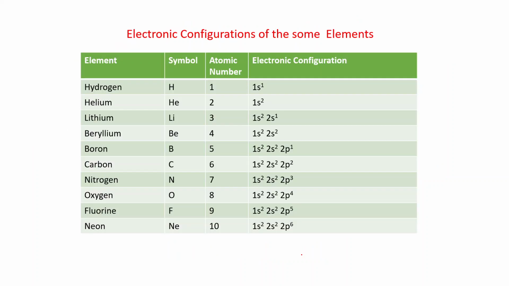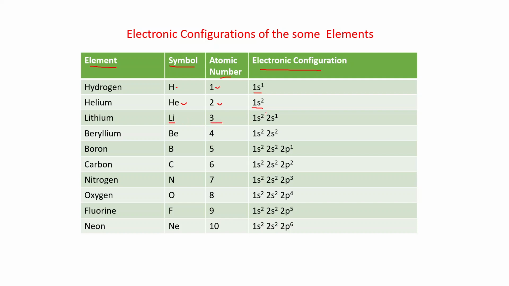Now we will discuss the electronic configuration of some of the elements. This is a table. In this, first comes the element, then its symbol, then atomic number, and then electronic configuration. Hydrogen, H, atomic number 1, is 1s1. Helium, He, atomic number 2, is 1s2. Lithium, Li, atomic number 3.